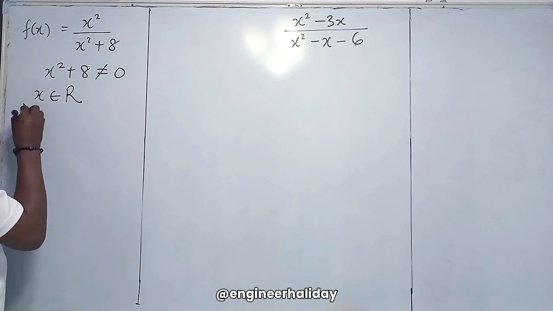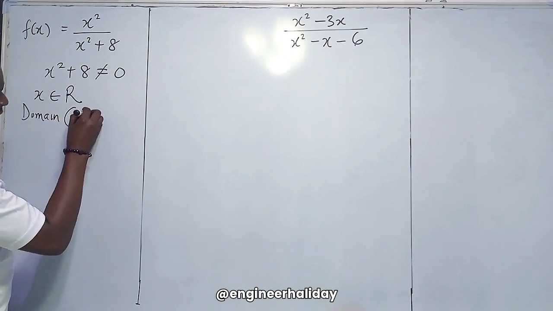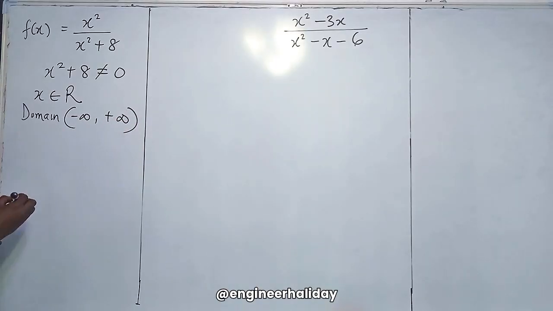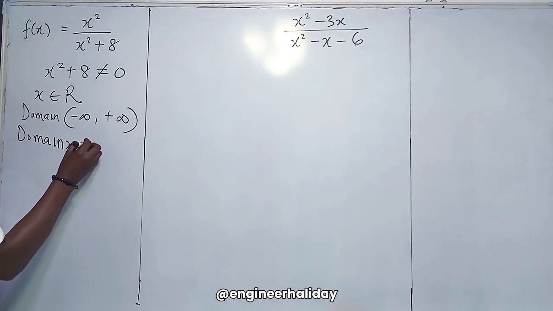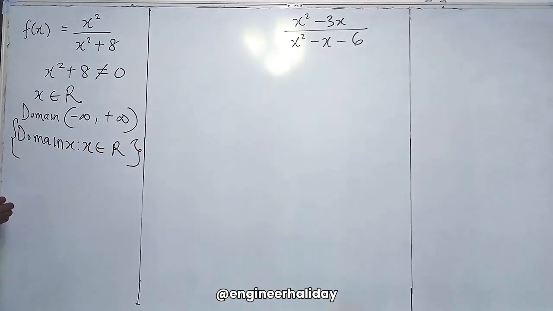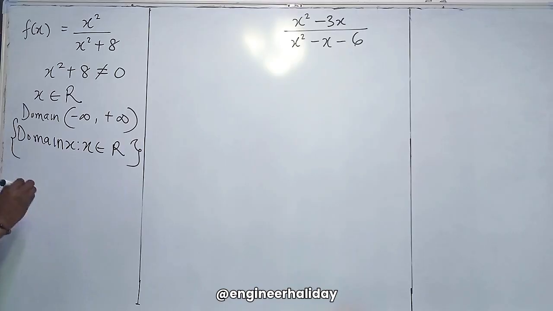So therefore the domain is from minus infinity to plus infinity. That means all real numbers. So we can also write the domain as: x is such that x is an element of the real numbers.